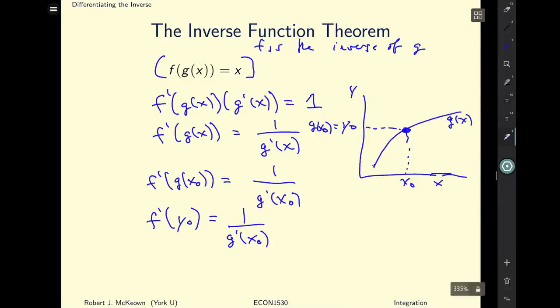So, if I draw the inverse, it's going to look something like that. We've got f of x going off in that direction, and this dotted line represents f of g of x, which is just a 45-degree line that's always equal to x.